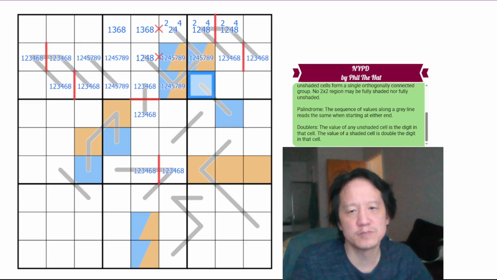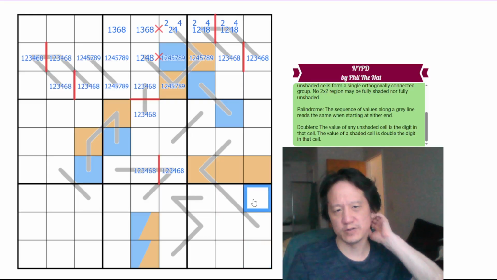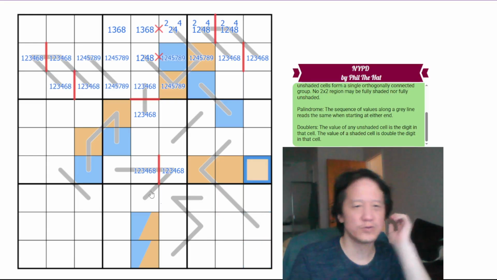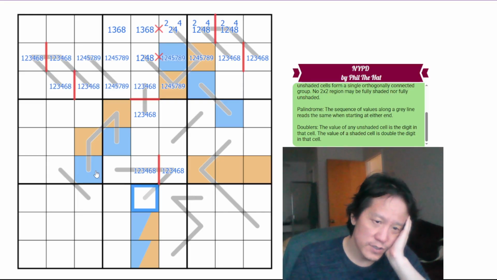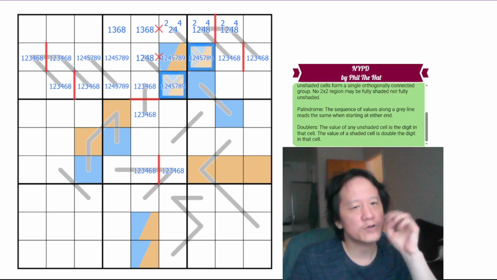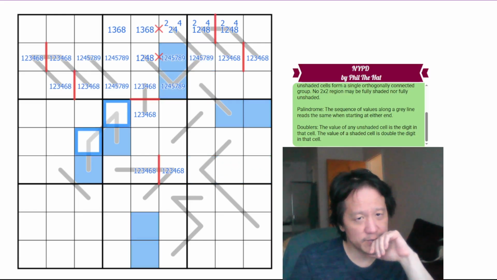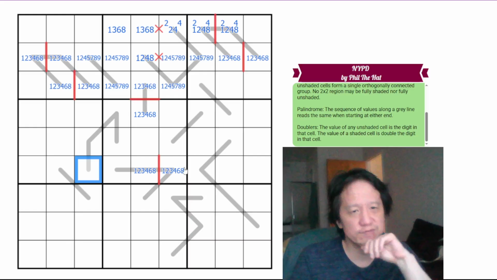That means this is blue, so neither of these could be blue. Therefore, they would both be orange. This would be blue. That seems fine. One of these would be blue, but not that one. So it could be one of those two would be blue. That's no good. Not helpful. Not restrictive.